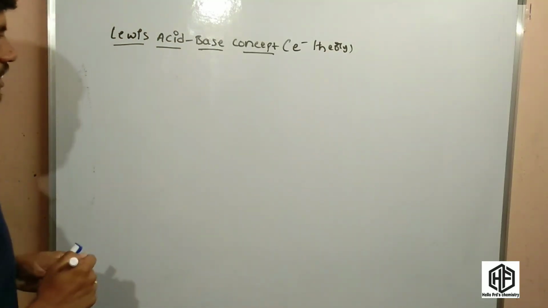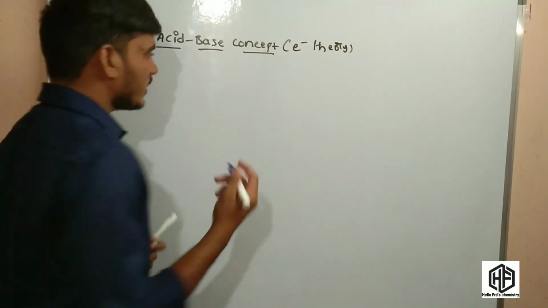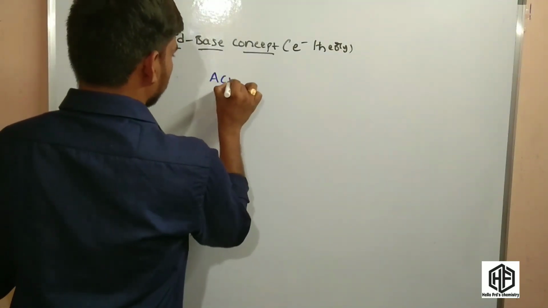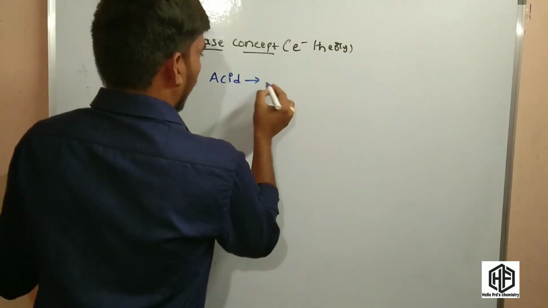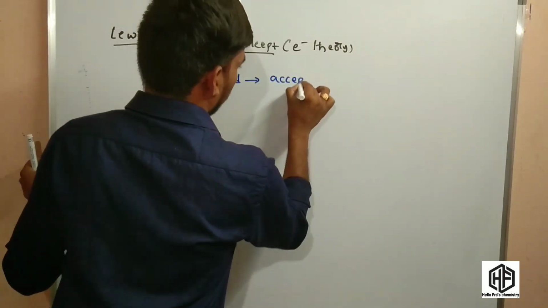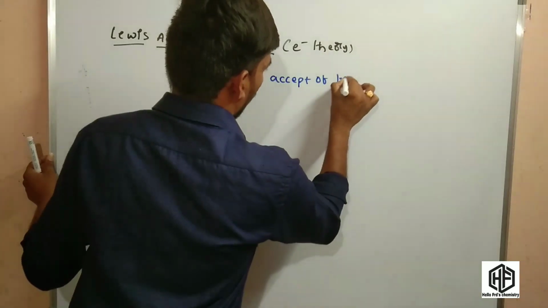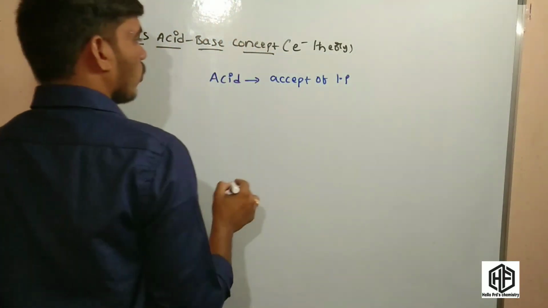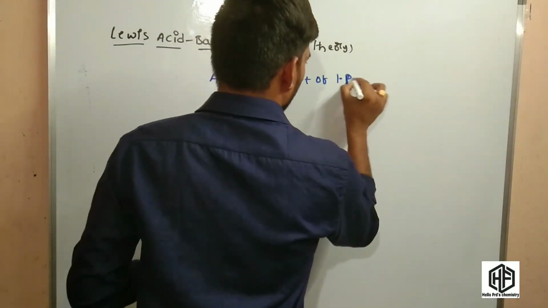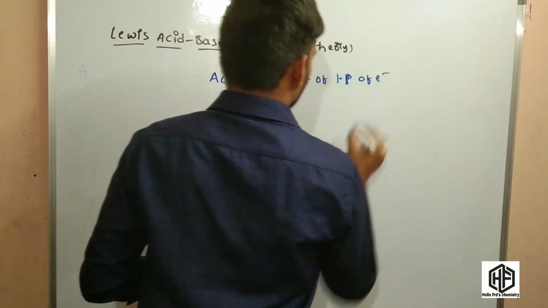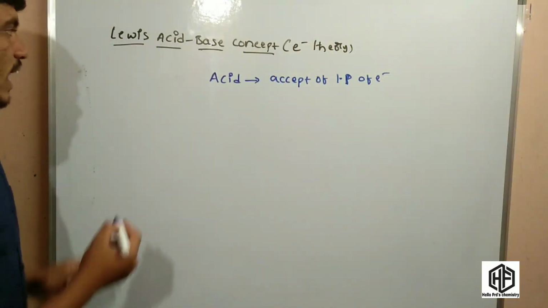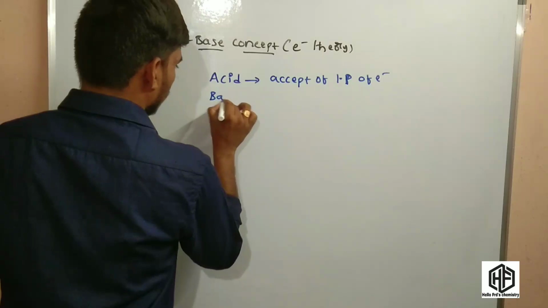What is the Lewis acid-base concept, friends? An acid is an acceptor of a lone pair of electrons, that is called a Lewis acid. And what is a base, friends?